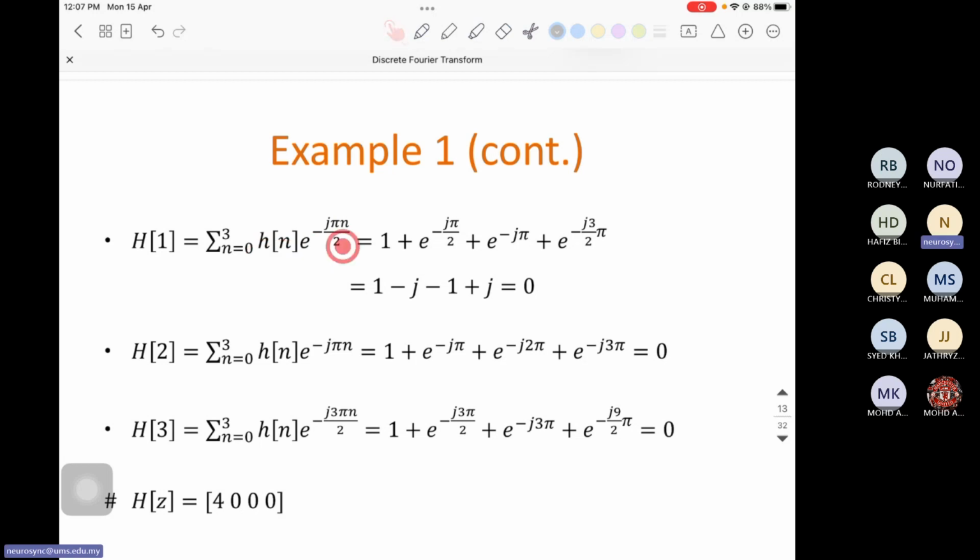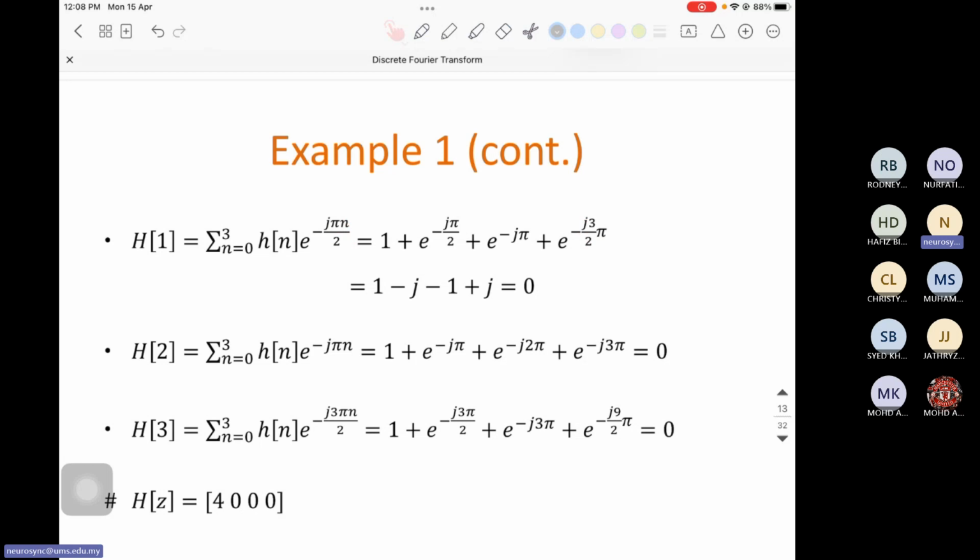Now first put n equal to 0, so this term will be 0, so h of 0 is 1, therefore this is 1. Plus if you put n equal to 1 here, h of 1 is anyway 1, e to the power minus j 2 pi 1 by 2, so this is this. If you put 2 here, you will get this. If you put 3 here, you will get this.